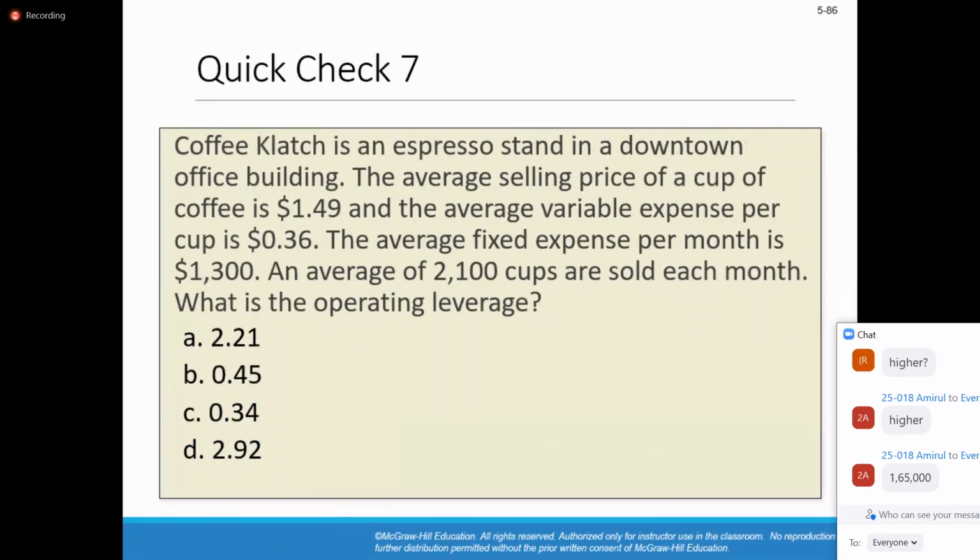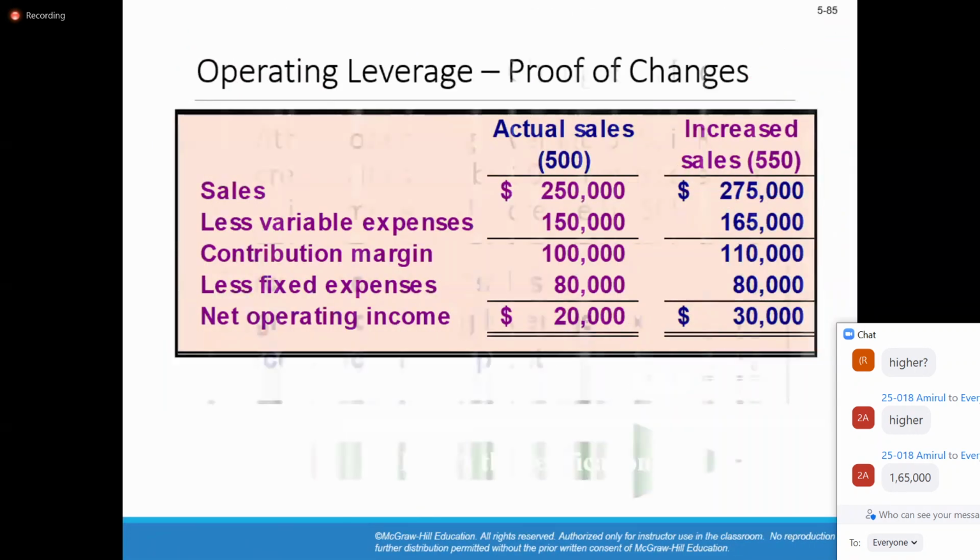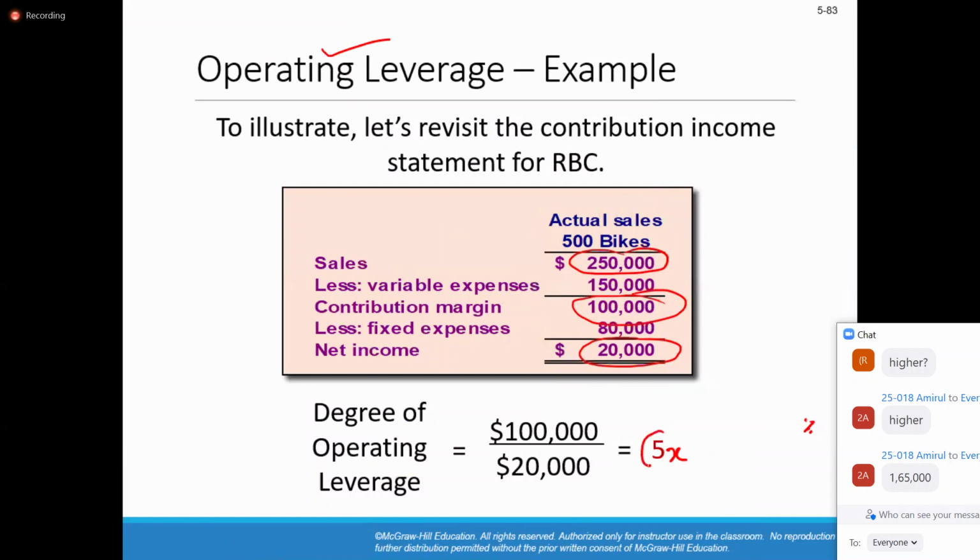The caveat here is that this 5 will remain 5 as long as I have not changed my contribution margin, or I have not changed the relation between contribution margin and the net operating income.